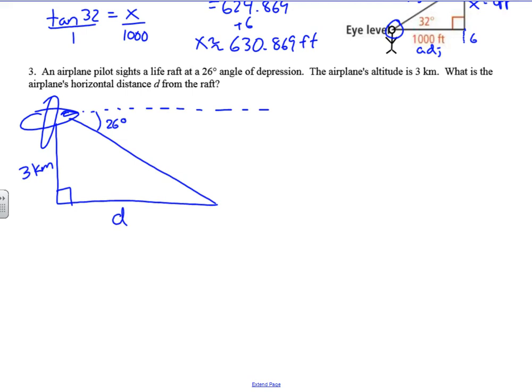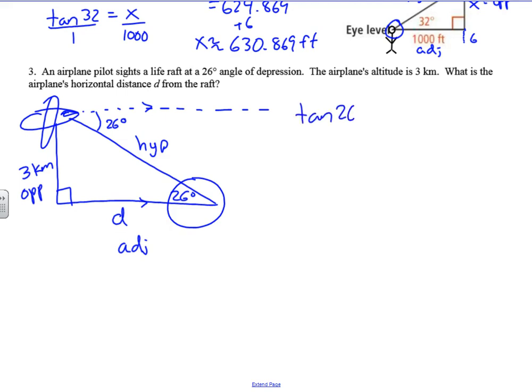So there's our d. When you have these questions, since this line up here is parallel to this line, this angle would be 26 degrees. So we're going to circle that angle. This would be our hypotenuse. That means d would be the adjacent side, and this would be the opposite side. This is going to be another tangent question.